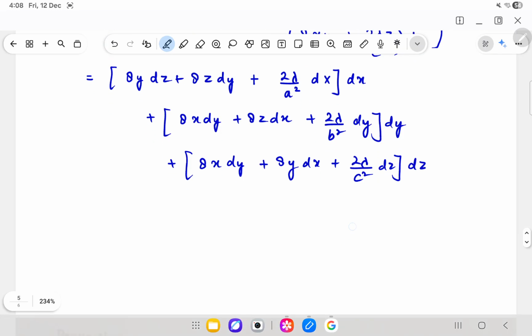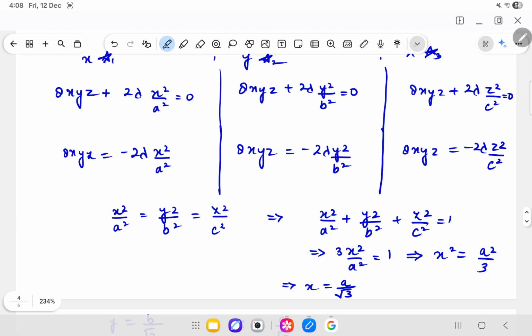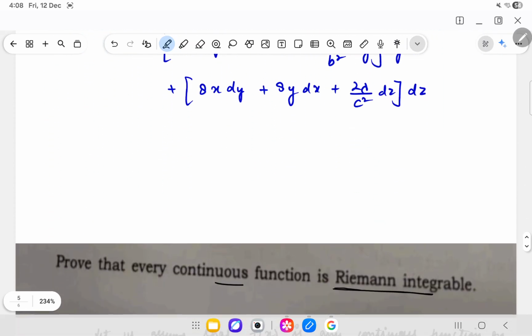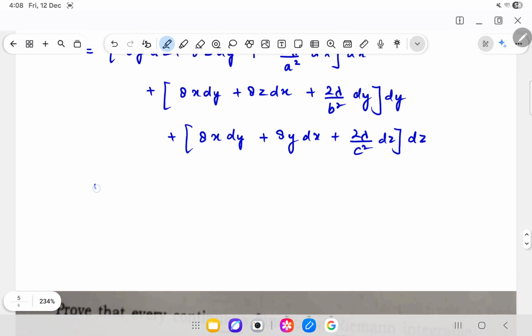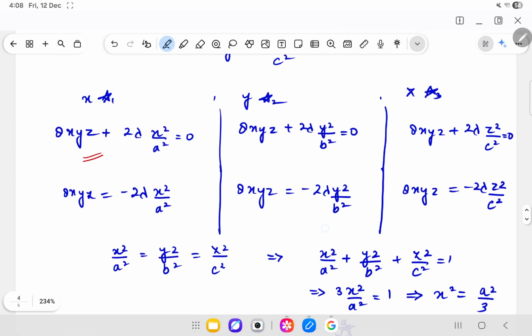Now, if you remember the result that we got here, that is basically this result. If we use values of x, y and z here to evaluate lambda, what we'll get is 8yz plus 2 lambda x by a square equals 0.